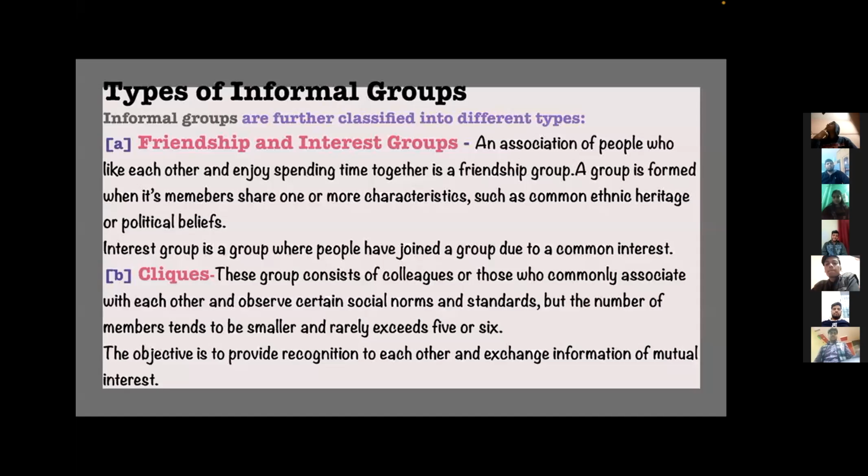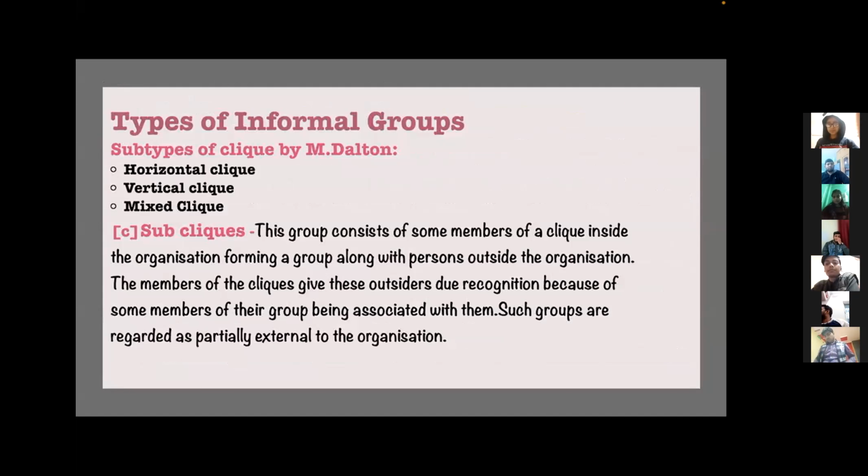In a horizontal clique, the members of the group are of the same rank, but can be of any department. In a vertical clique, the members are working in the same department, but can be of any rank. In a mixed clique, group members are from different ranks, departments, and physical locations. They may have some similarities like residing in the same locality, traveling in the same bus, or anything.